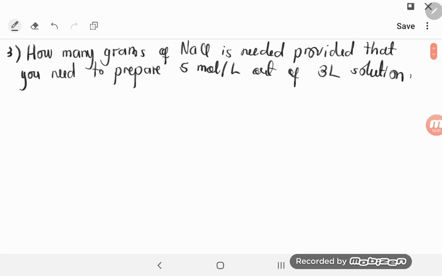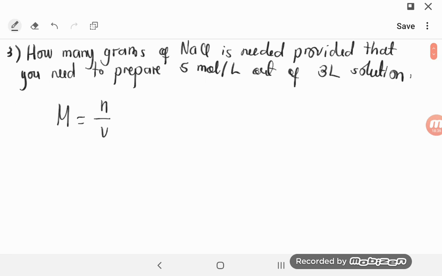Okay, so let us read once again the problem. How many grams of sodium chloride is needed provided that you need to prepare 5 mole per liter out of the 3 liter solution? Now this problem will need you to manipulate the formula. So let's just first have the formula for molarity. Molarity is equal to N over V. Just like what we did in the percentage by mass and percent by volume, we will be using again a little bit of algebra in order for us to get what we are looking for in here.